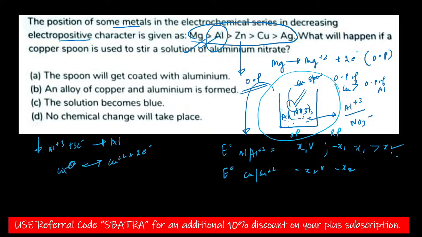This one is greater than this one, so the reduction potential value of x2 is greater than the reduction potential value of x1.